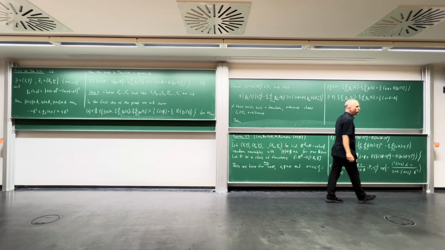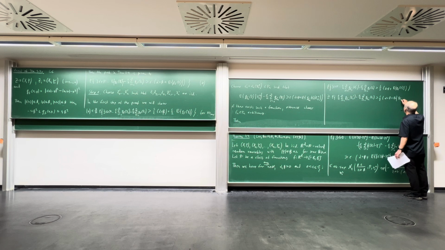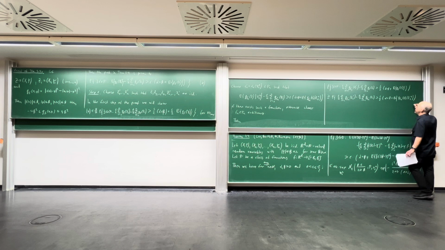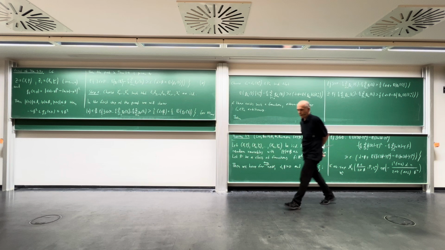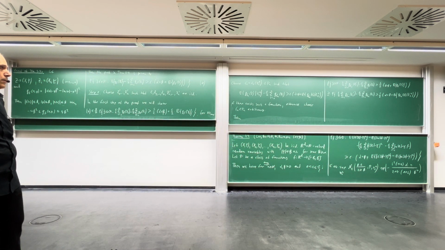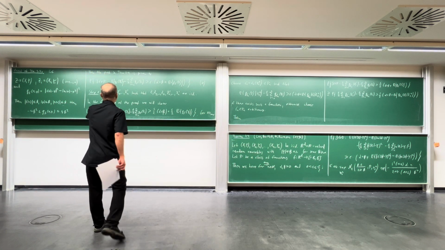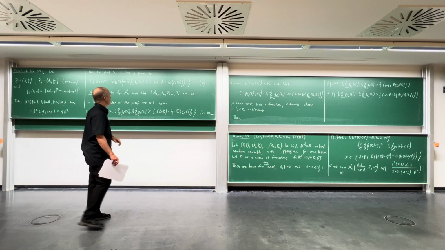Now here I have to write again a conditional expectation, gf of z. And next I say I want to replace this first sample average by its expectation.